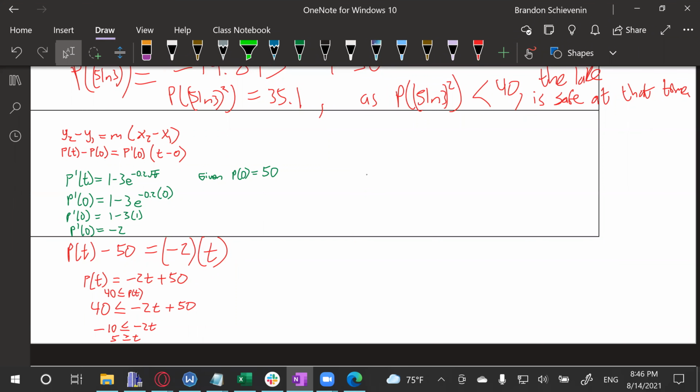But if you solve for t, you would get 1 point out of those 3 if you didn't show your work. If you just said the lake is safe, you would get 1 point out of 3 here. And if you said that it would happen at t equals 5, you would get 1 point for your answer here. So at maximum, you would get 3 points out of the 9 offered if all you did was write final answers.